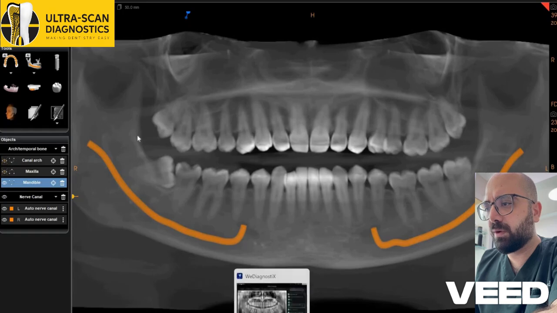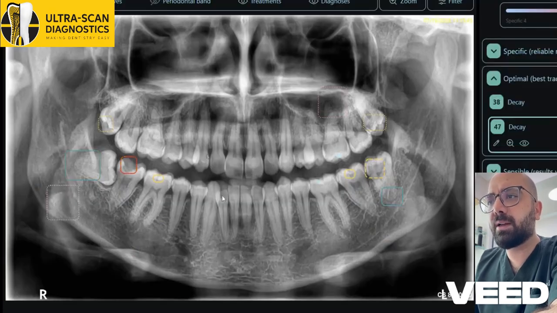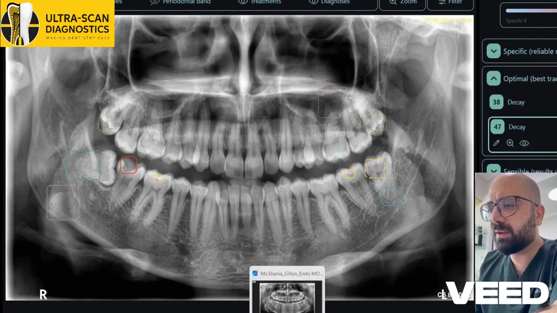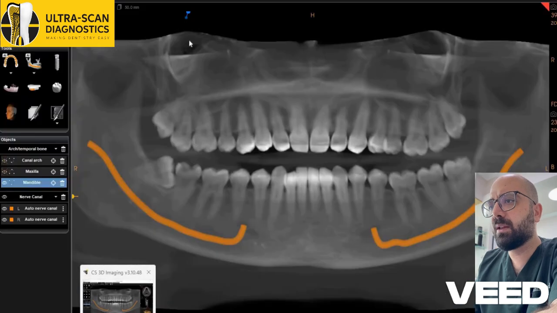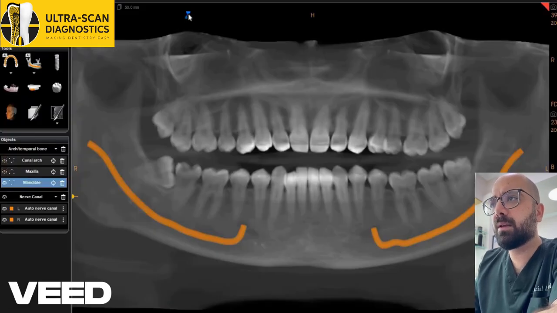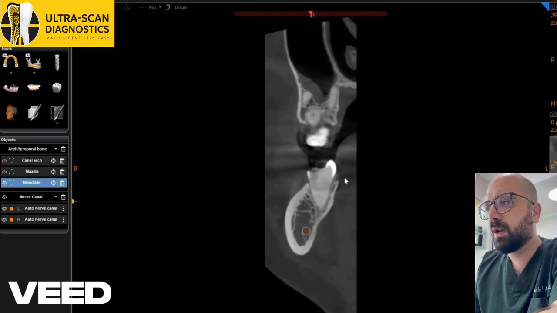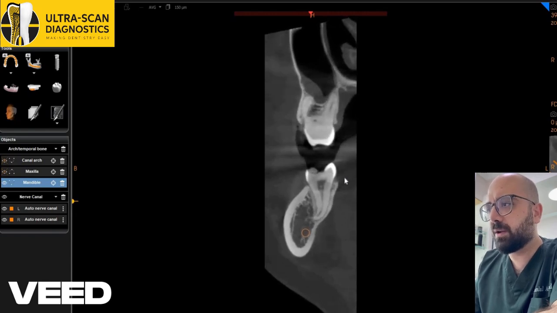Now quickly moving on to the next part, and that is decay in the lower right 7. That is something that our CBCT is going to confirm, and they are absolutely spot on. We've got decay in the lower right 7, and you can see that here.